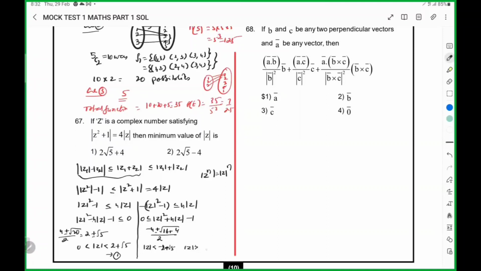Mod z cannot be negative, so mod z is greater than or equal to root 5 minus 2.